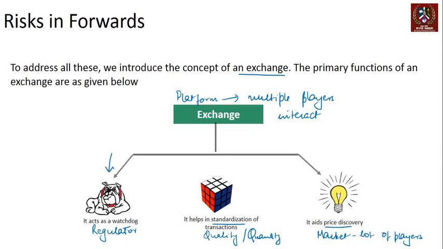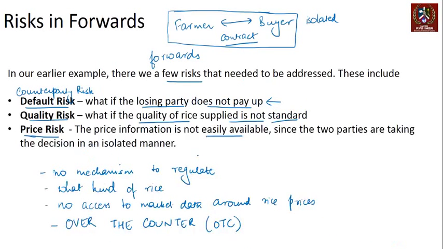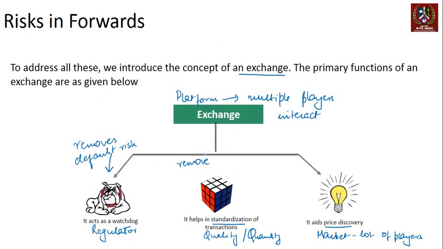That's the primary responsibility. It removes counterparty risk, so this essentially removes your default risk. Standardization removes the second risk, which is the quality risk.